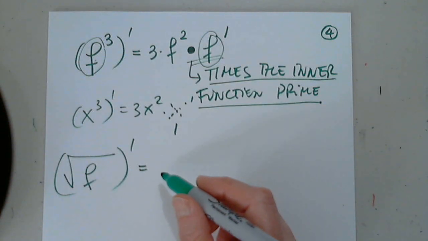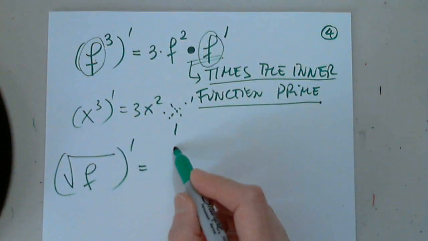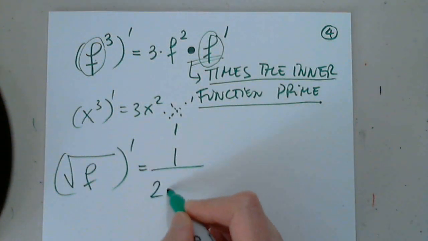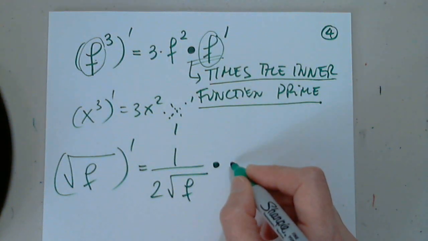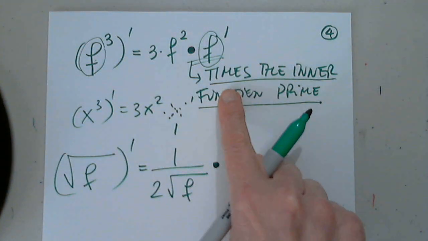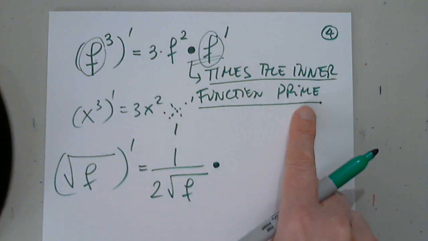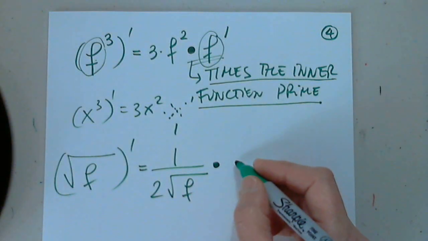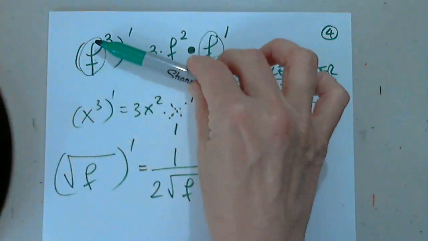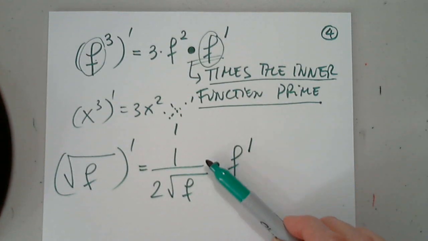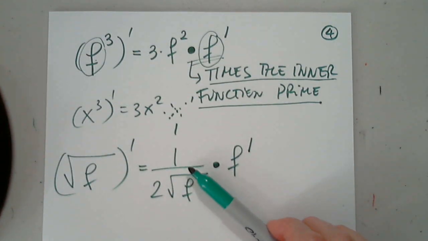Anyone? It's 1 over 2 square root of f, and then times the inner function prime. F prime. Times f prime. So please have these formulas handy because they are really the bread and butter of what we study here.